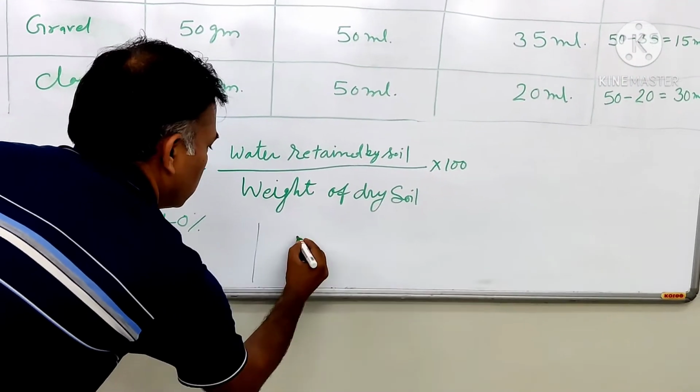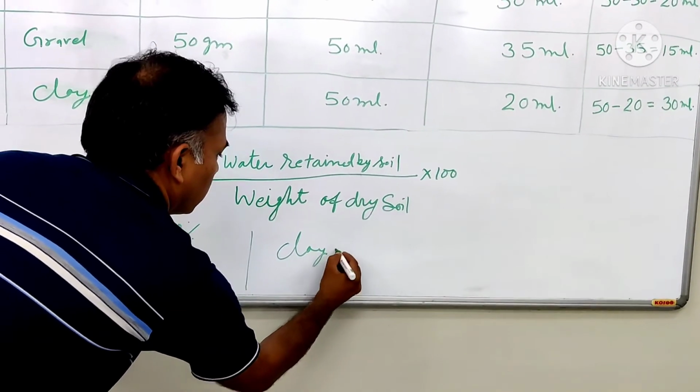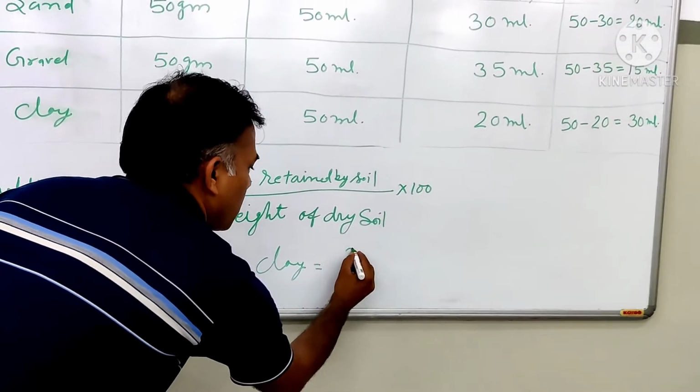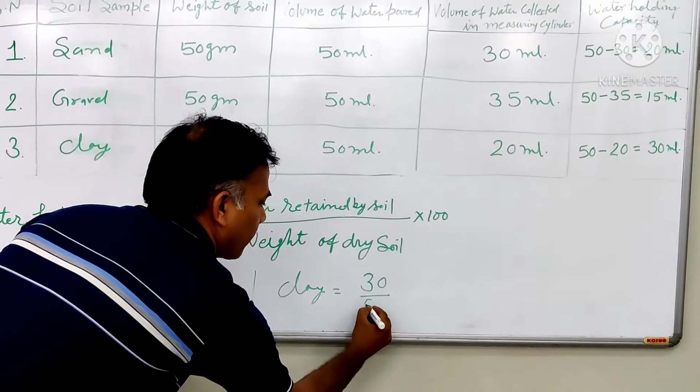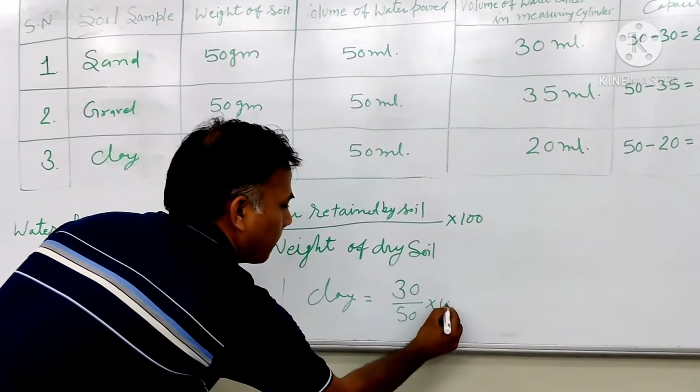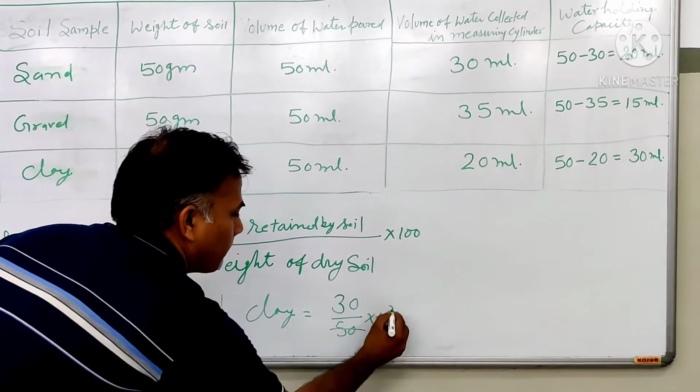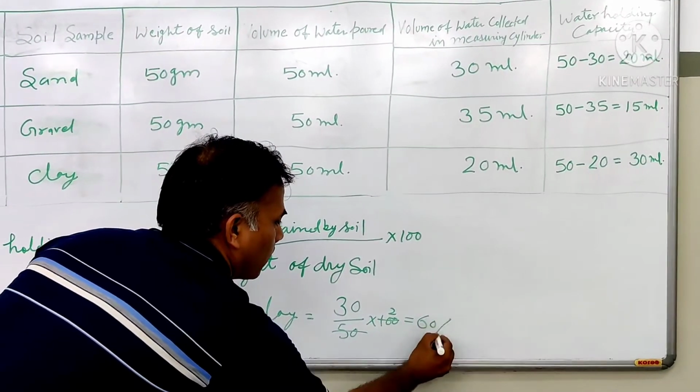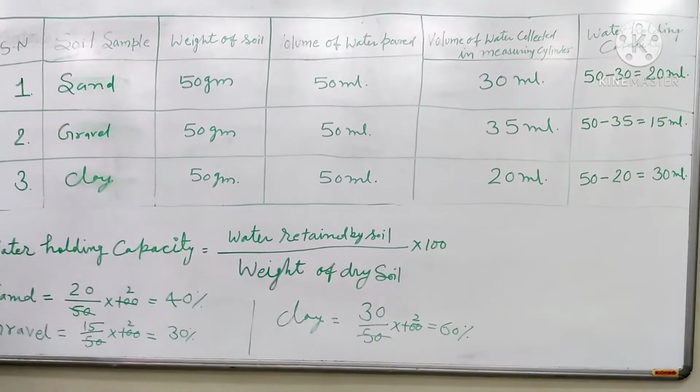Now next for the clay soil, if you see, 30 divided by 50 multiplied by 100, so what is it? 60%.